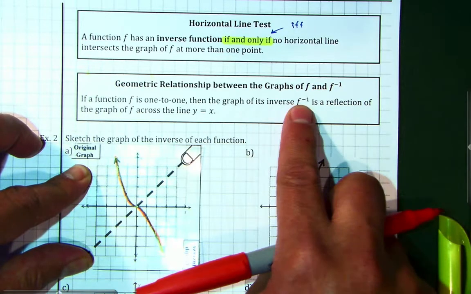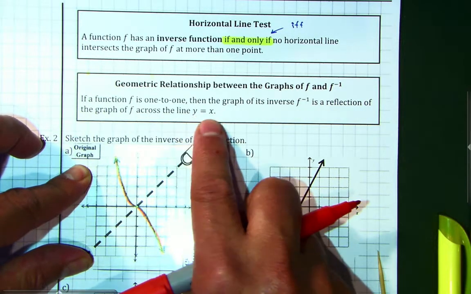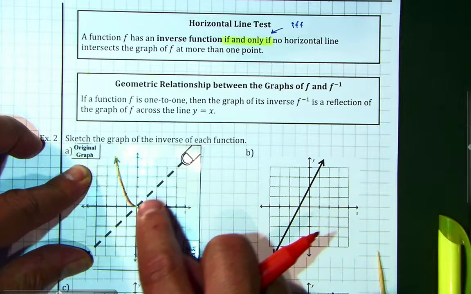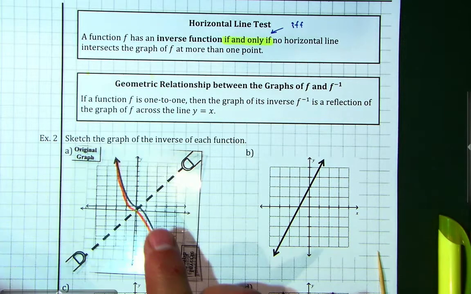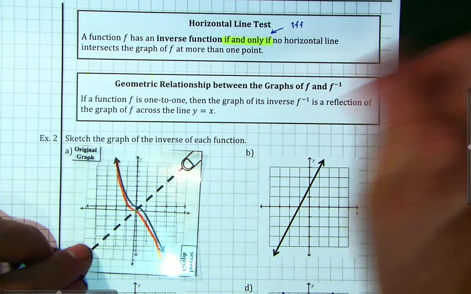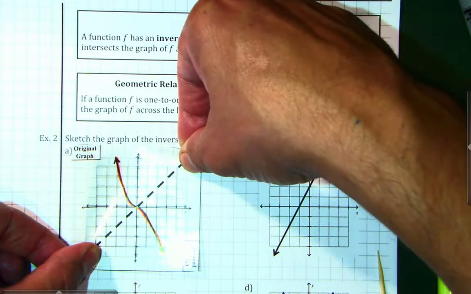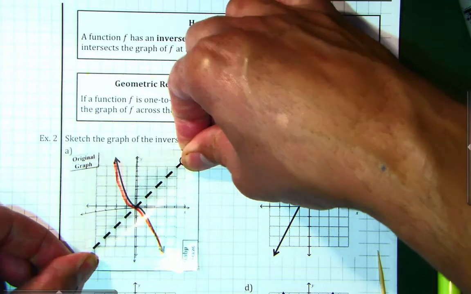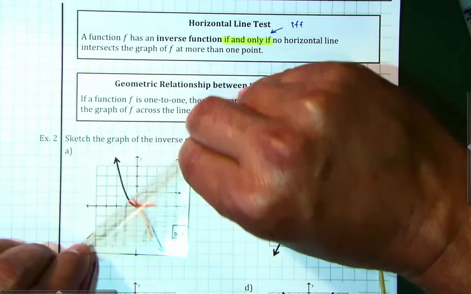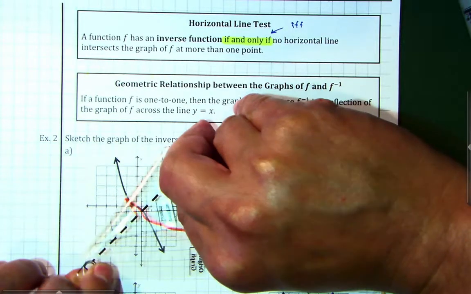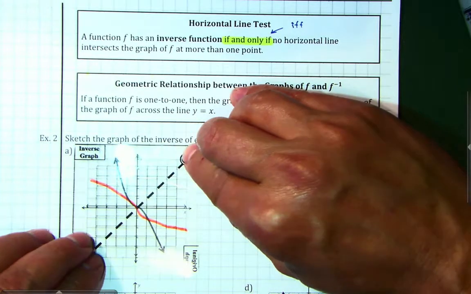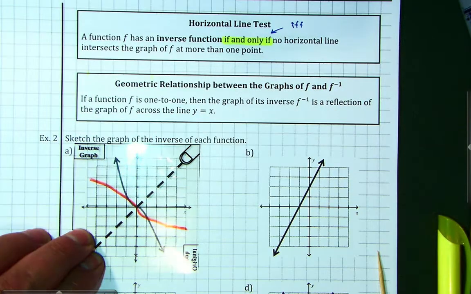The inverse will be a reflection across the line y equals x, which is this line. So if we reflect it, we're going to take the original graph and do a reflection across y equals x, and therefore that will be my inverse.